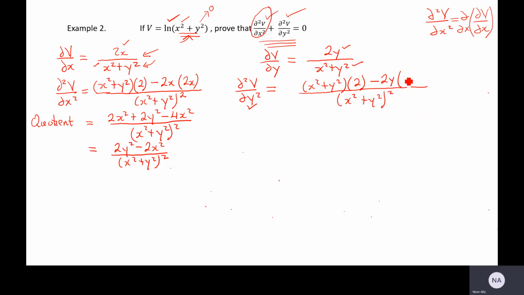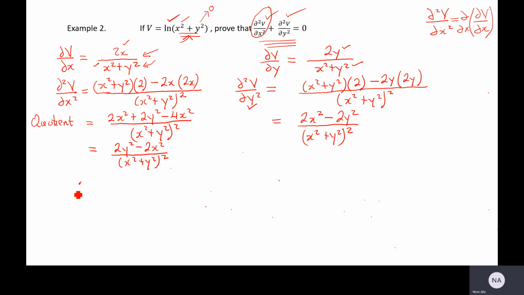Differentiate the denominator with respect to y, 2y. Multiply that out. I'm just going to give the answer immediately. That will be 2x squared minus 2y squared, divided by x squared plus y squared all squared.